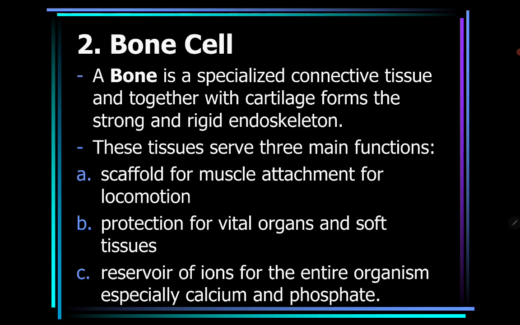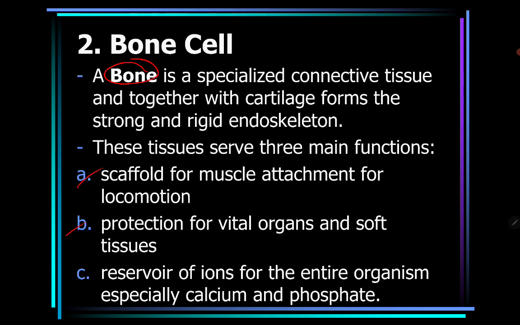Next, we have bone cell. So a bone is specialized connective tissue, and together with cartilage forms a strong and rigid endoskeleton. So here are some of the main functions of the bone cell. Scaffold. So when we say scaffold, they are strong together for muscle attachment, for locomotion, protection for vital organs and soft tissues.